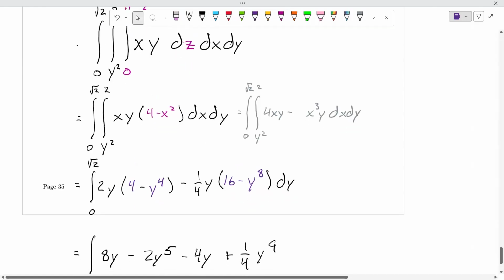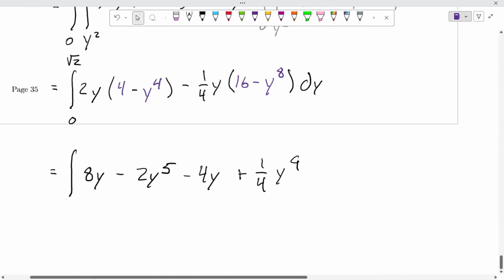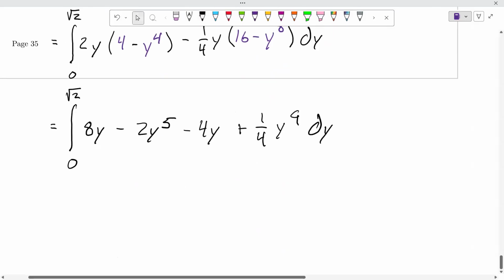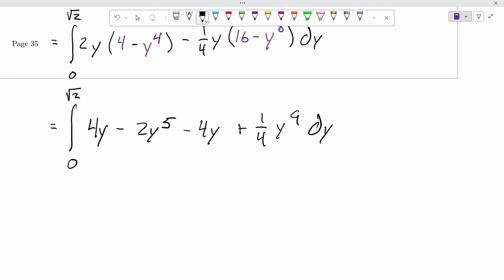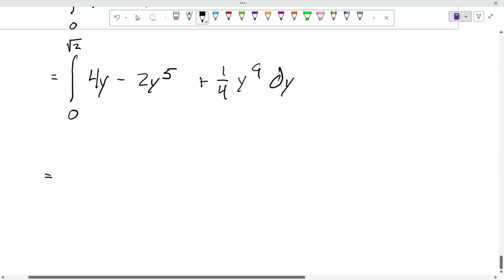That looks about right. This is dy, still from 0 to the square root of 2, and I'll integrate this mess. Maybe I'll start by combining the minus 4y and the 8y to just call it 4y minus the rest, and integrate this.